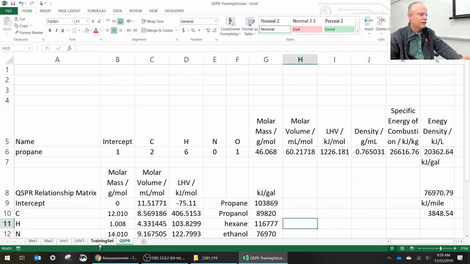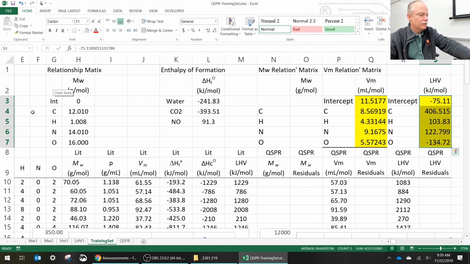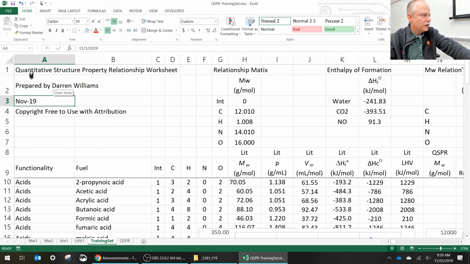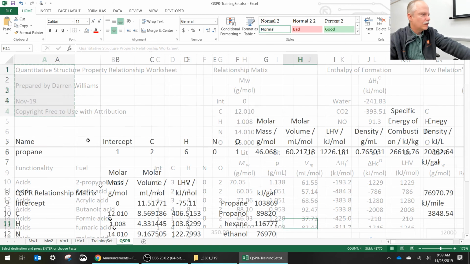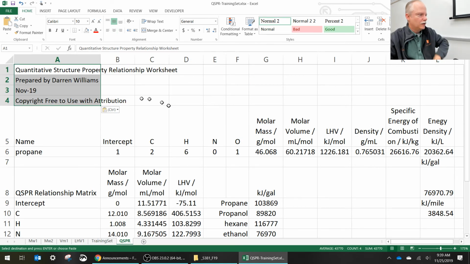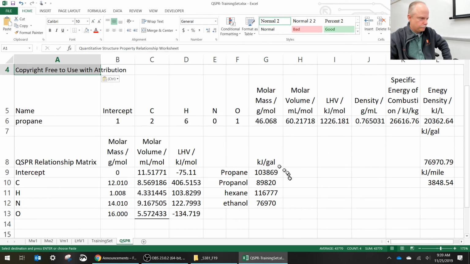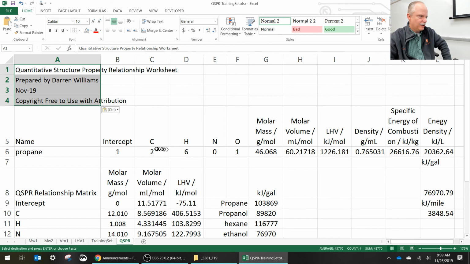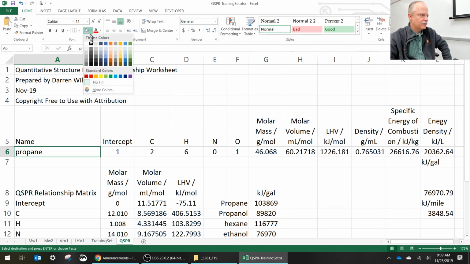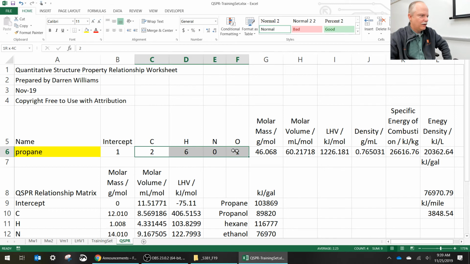We can take our little titles from this sheet and put them on this other sheet. Now I need to write out to the user what to do. So I'm going to put a yellow highlight on this row here, and a yellow highlight right here.